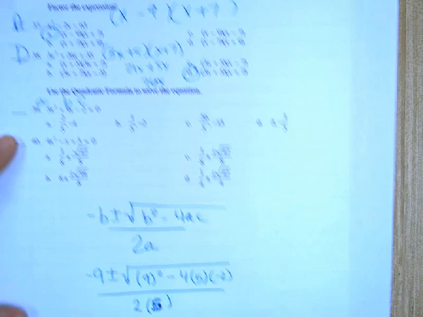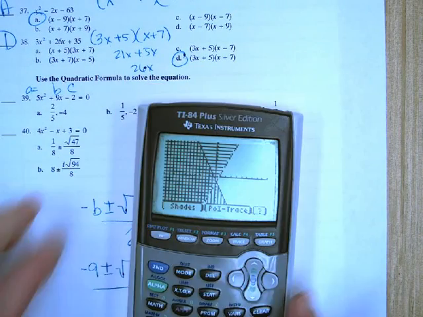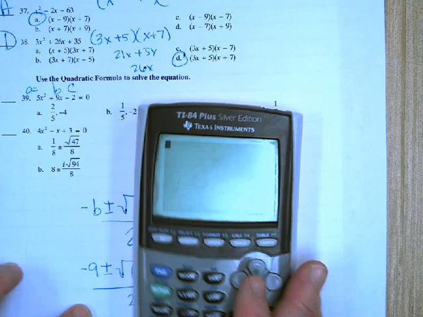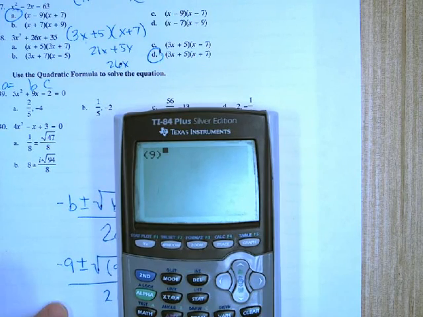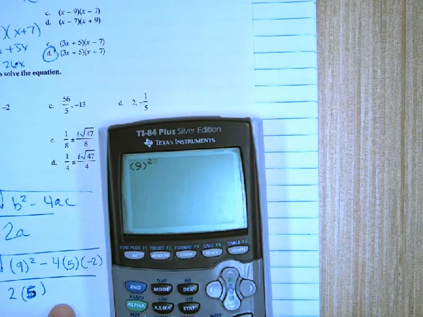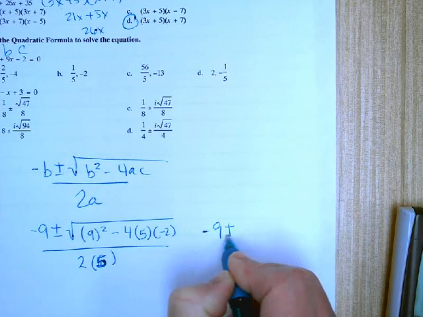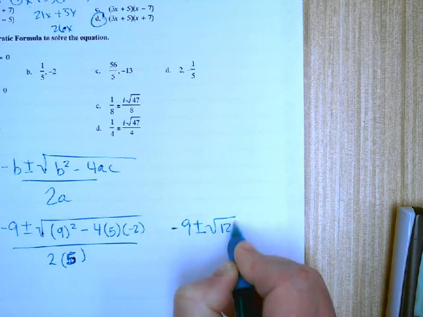So this is 81 minus 4 times 5 times negative 2, which is 121. So this says negative 9 plus or minus the square root of 121 over 10.